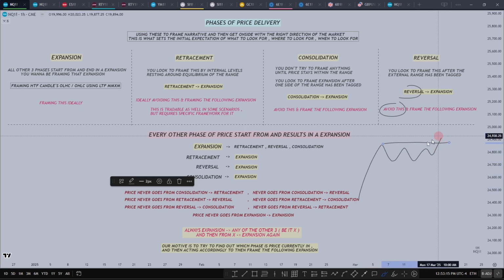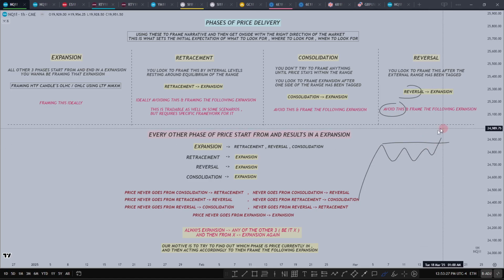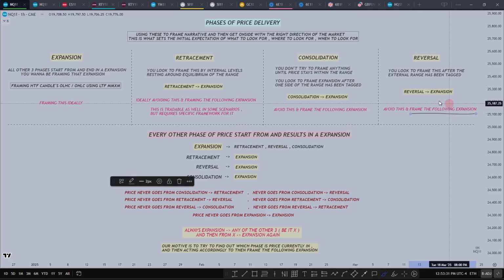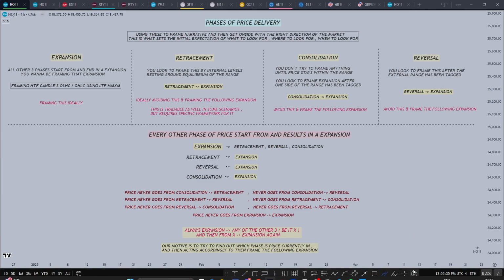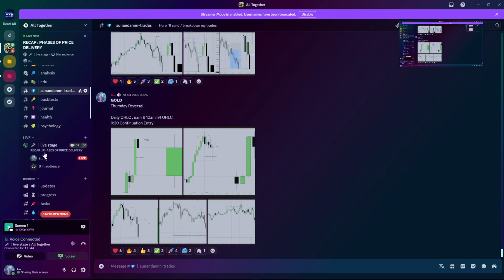Don't participate in this reversal, trade the following expansion. Once the reversal is confirmed, trade the following expansion. You don't try to pick it here. Frame the following expansion. So this much is clear. Keeping it very simple, as simple as possible.